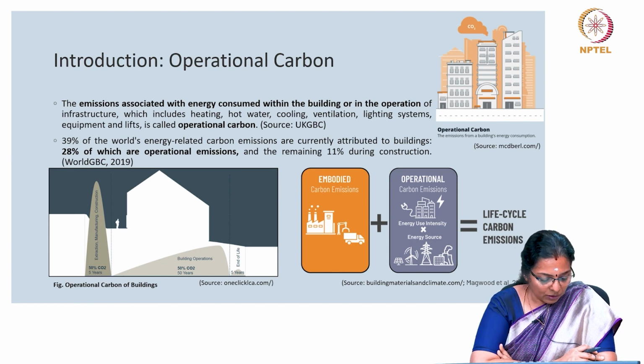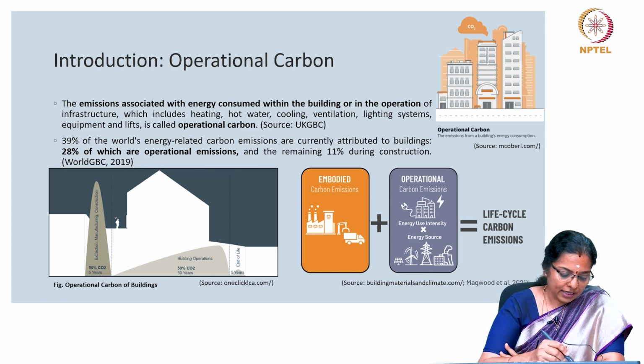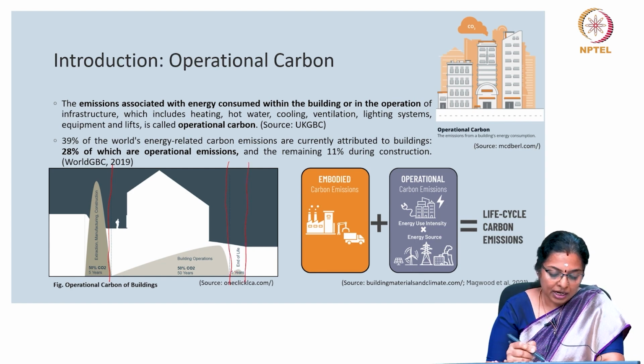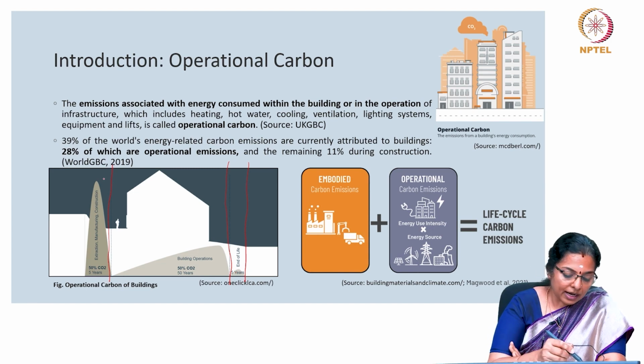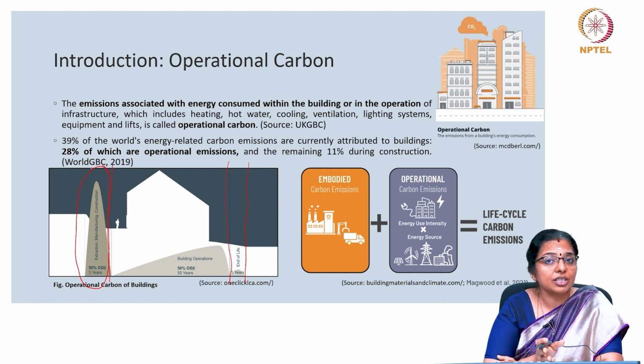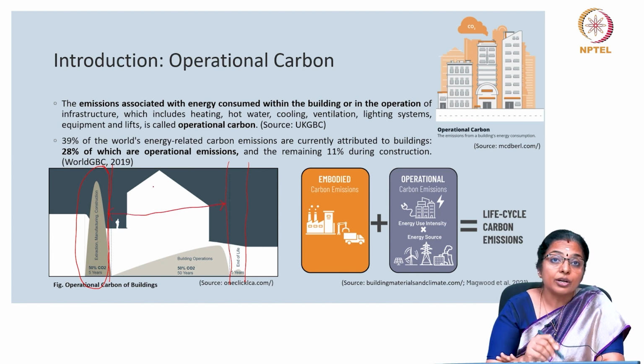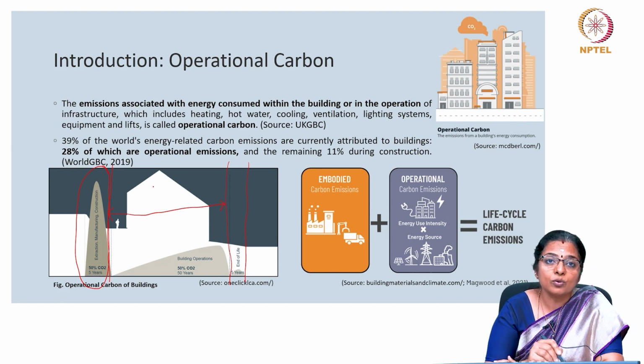So, we already know that there is something called an embodied energy, and there is something called an operational energy, and there is something called end of life energy. You need to understand that embodied energy is applicable during the construction of the building and before the occupancy of the building, whereas operational energy is all the energy that the building consumes when people use the building.